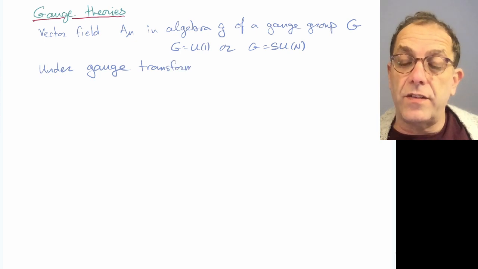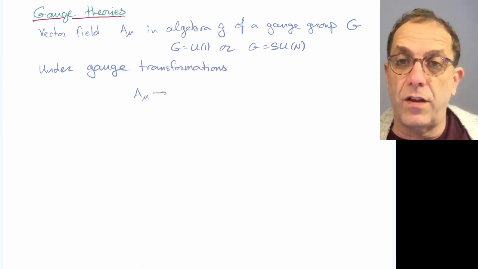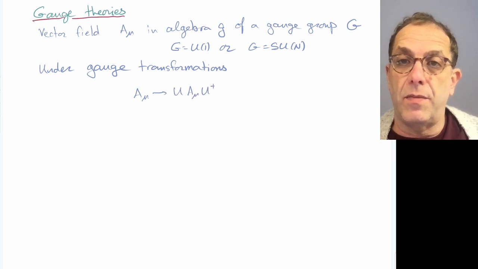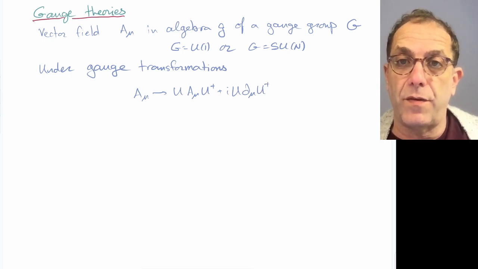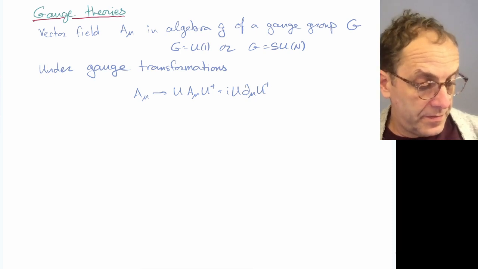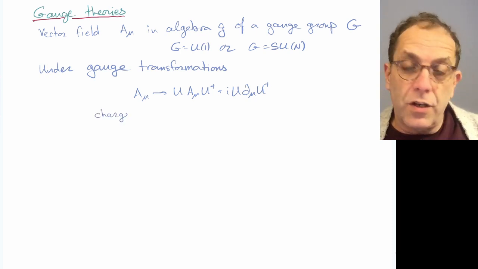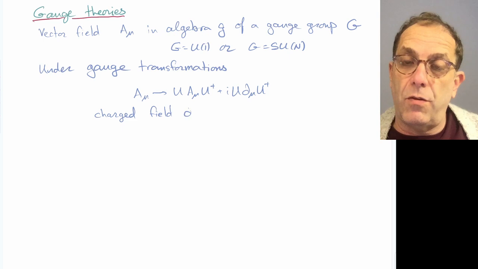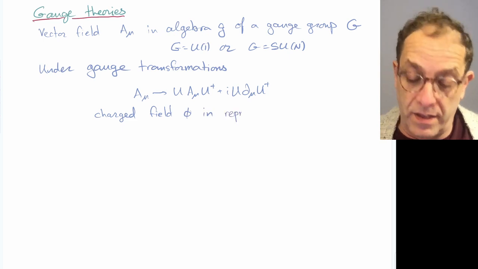Under a gauge transformation, the gauge field will transform as follows. It will be conjugated by a matrix U in the group, and there will be this term with a derivative. I'm sure you're very familiar with that. Charged fields will transform according to the representation therein.